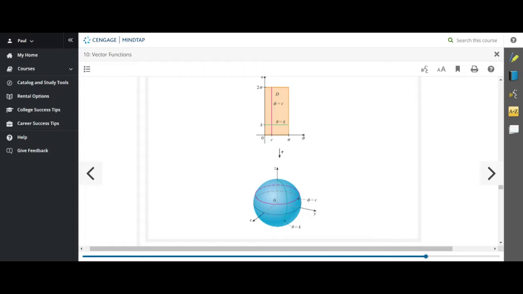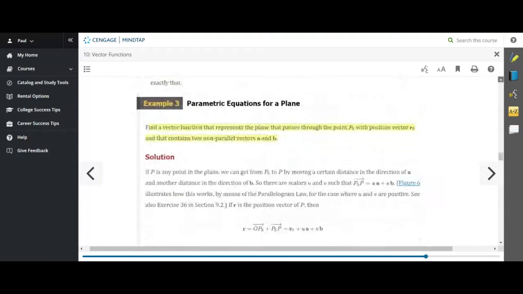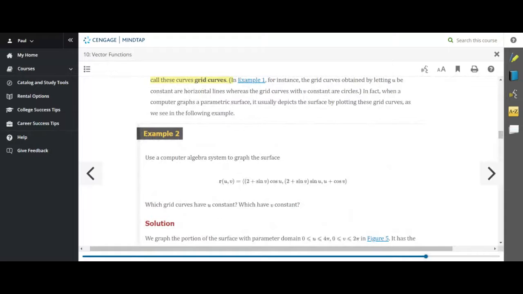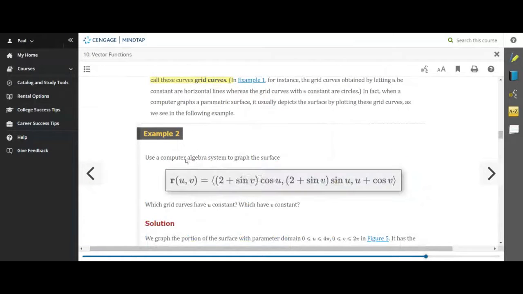Okay, well, let's look at another problem here from the book. And then I have a problem I'm going to do with you.